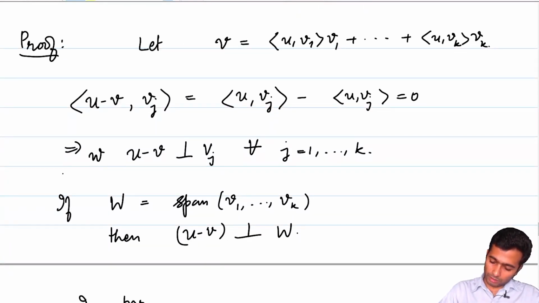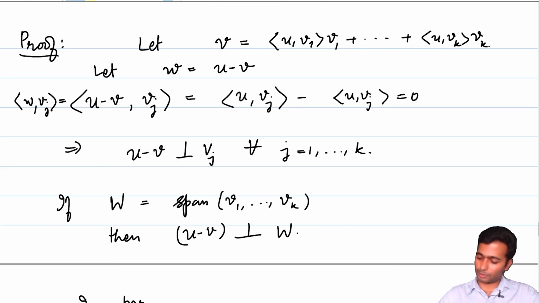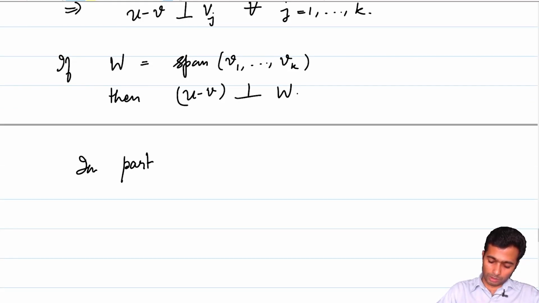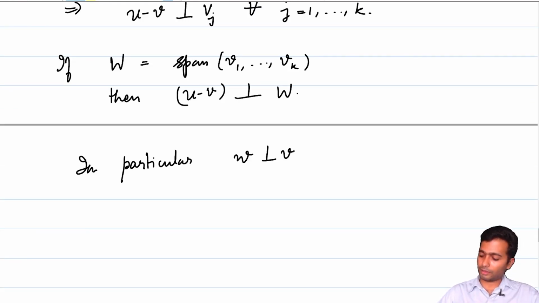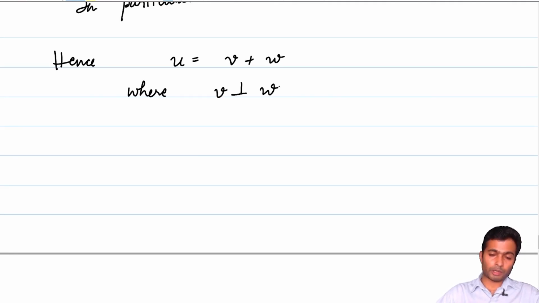Let w be equal to u minus v. Then the inner product of w with vj is going to be this. So in particular, w is also orthogonal to our given v. So what do we have? We have hence u is equal to v plus w, where v is orthogonal to our w.